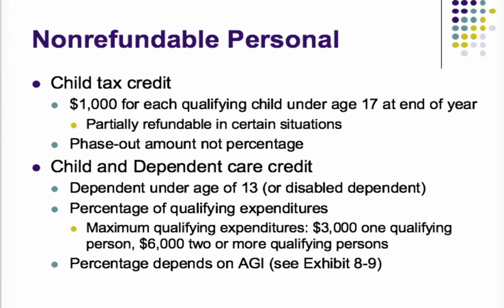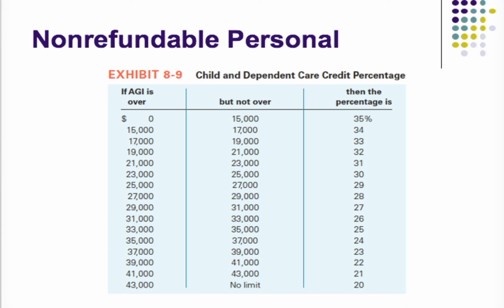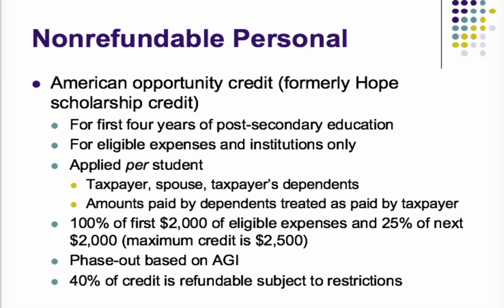The other one, the child and dependent care credit, is only for expenditures that qualify as being for child and dependent care. And that tells you what percentage that could be.